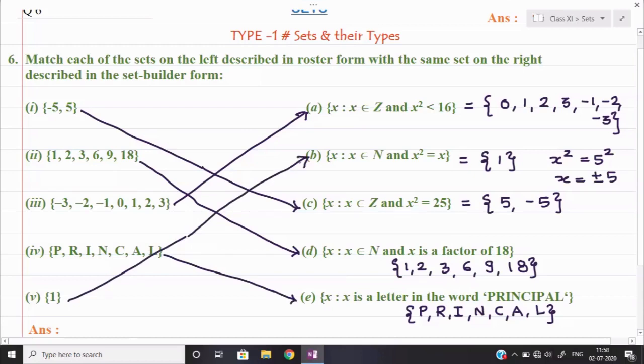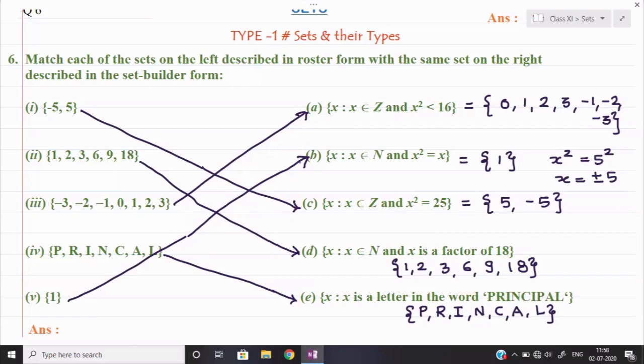So see students, we have completed question number 6 over here. Now next time we shall start some more methods given in the sets. I will give you some practice questions based upon roster form and set builder form, so that questions today you try to solve. I hope definitely you would be able to solve those questions.